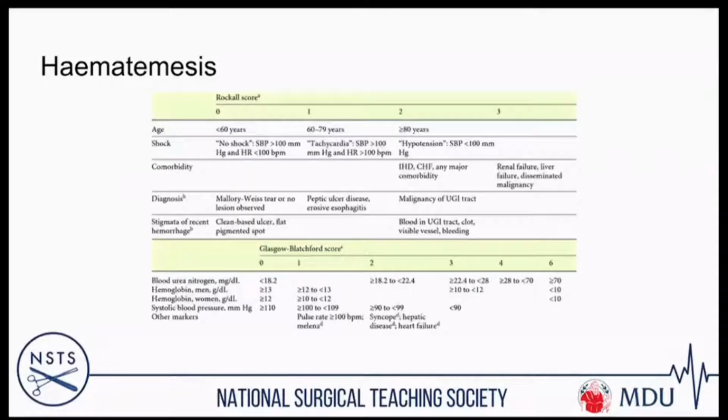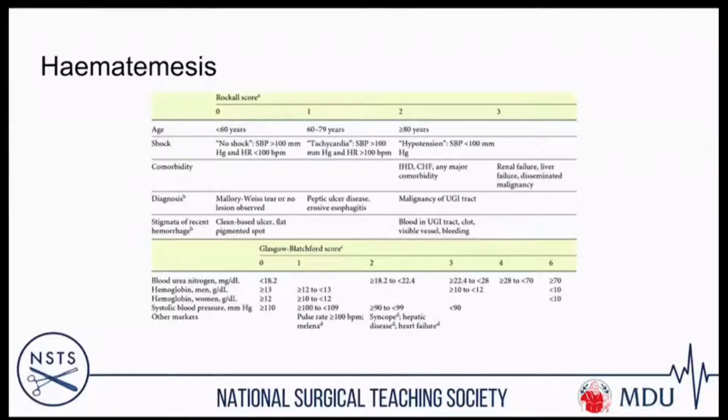Speaking of referring patients, things that examiners and consultants particularly love are scoring systems. There's two involved in upper GI bleeds, which are worth taking note of, even if it's just remembering the name, because then you can look them up on WebMD or whatever it is. The Rockall score.